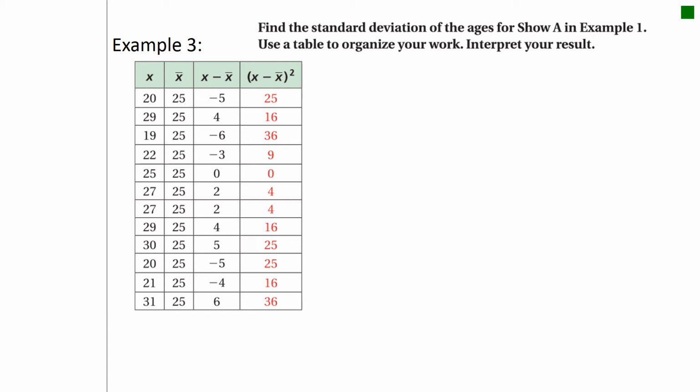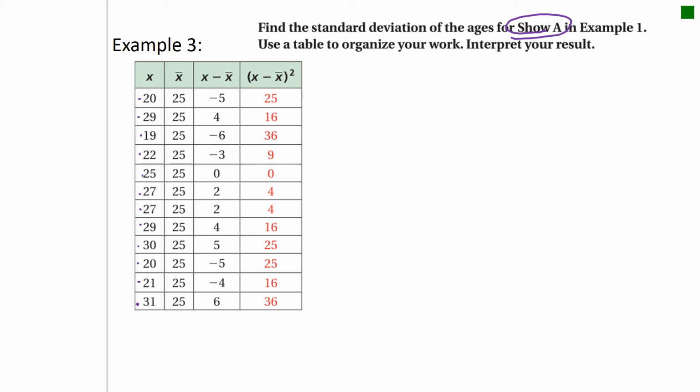Show A had 20, 29, 19, 22, 25, 27, two 27s, 29 again, 30, 20, 21, and 31. This is from show A's table from the previous slide.